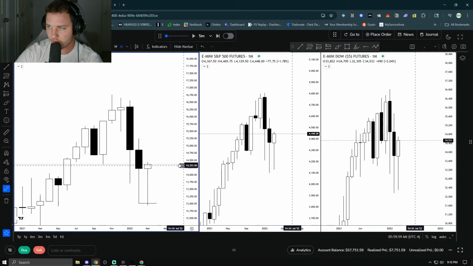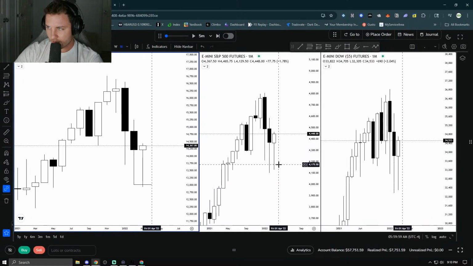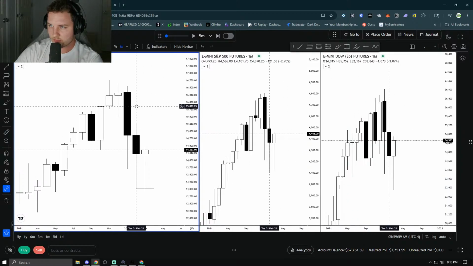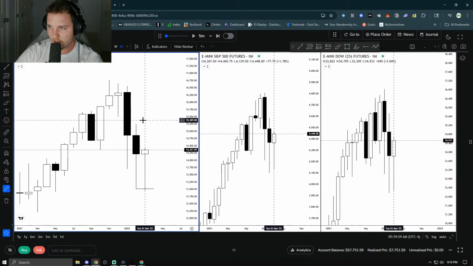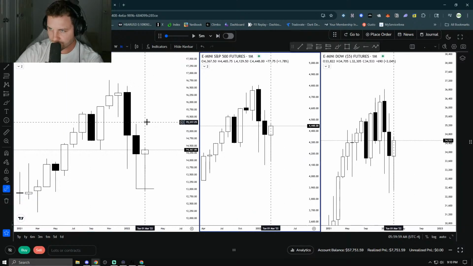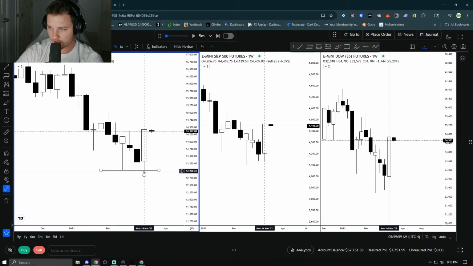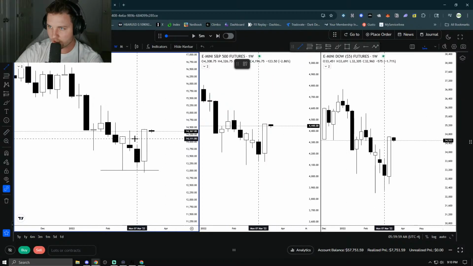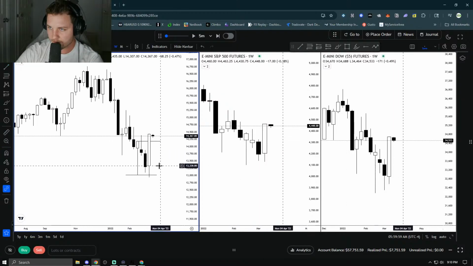Okay. I'm going to backtest a week because I want to do well, so I want to kind of block in. So March, reversing off the previous week right here with an expansion, creating a CISD already.